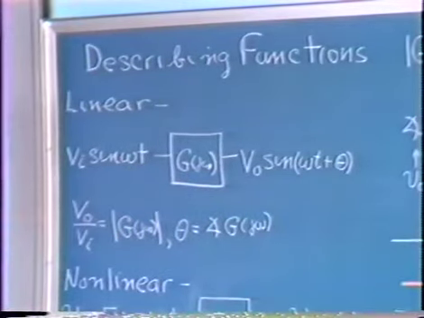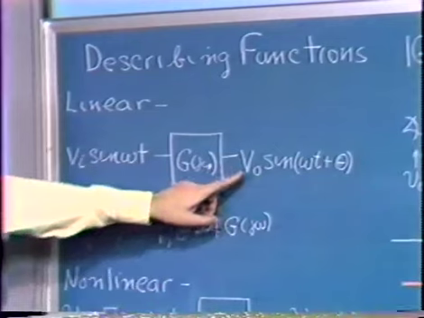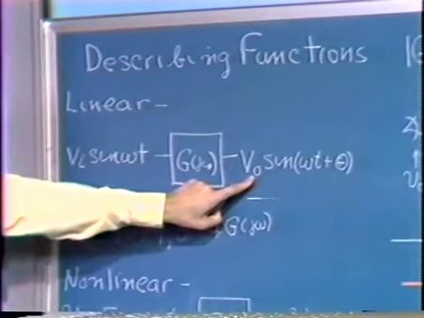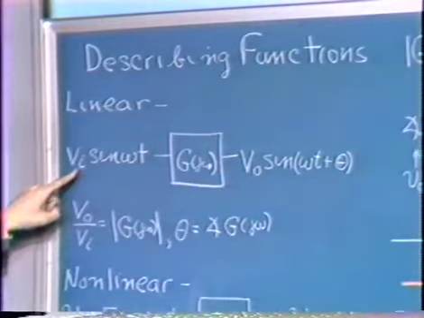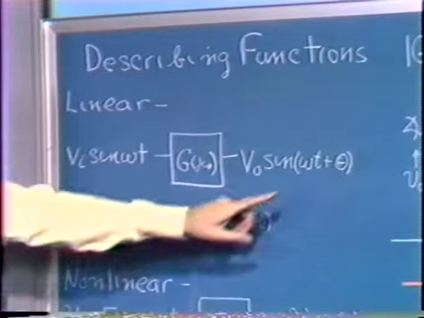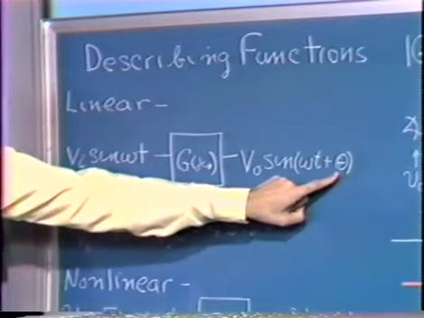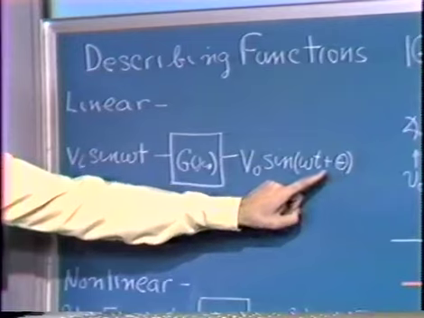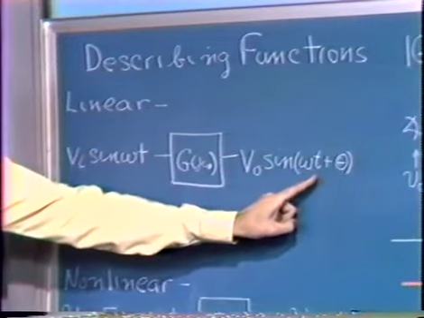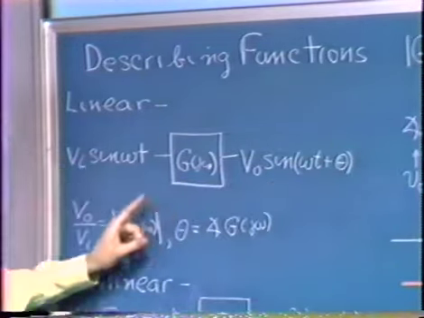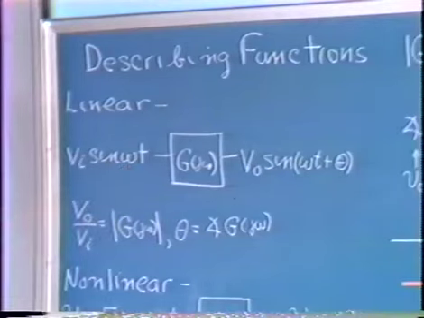The only difference between the input and the output will be, first of all, a possible scaling, VO may be different than the amplitude VI, and a phase shift between the output and the input. In other words, the output sinusoid may be displaced by some amount theta relative to the input sinusoid.